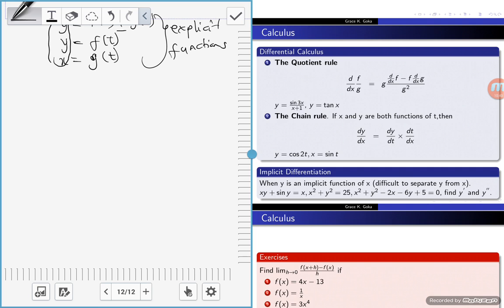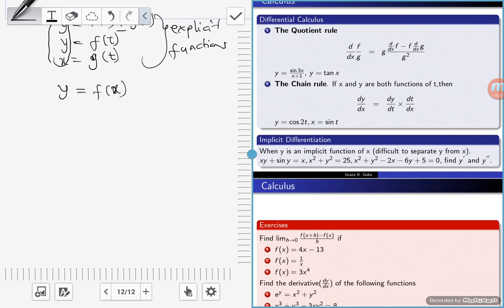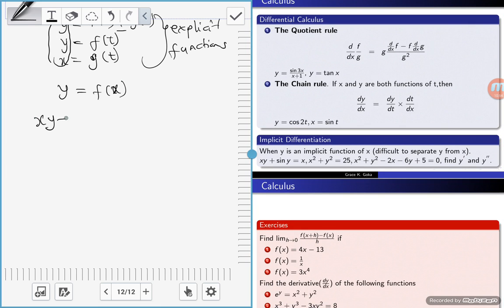However, there are some functions that it is not easy for you to break into the form y is equal to f of x. Such functions are called implicit functions. Example is if you have xy plus sine y is equal to x.